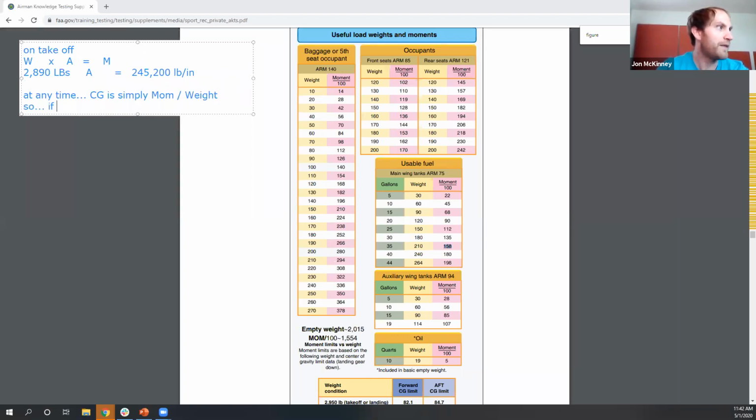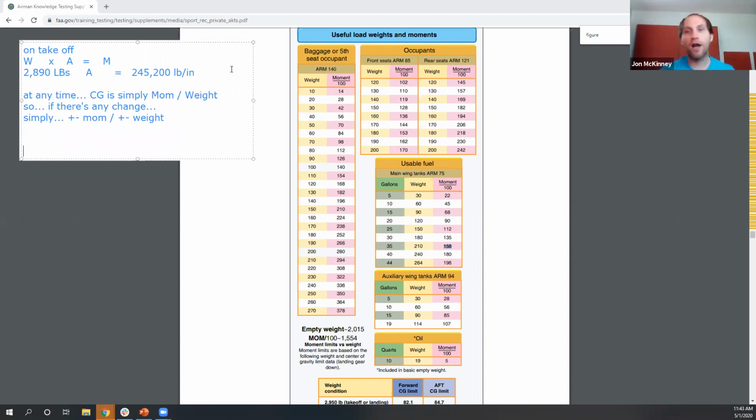If there's any change, simply plus or minus moment divided by plus or minus weight.